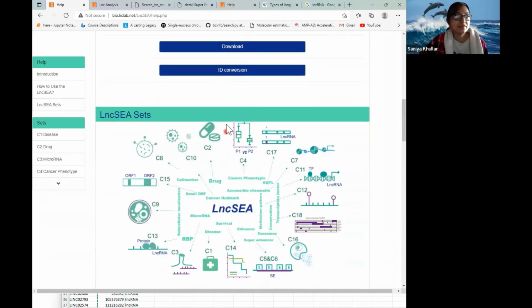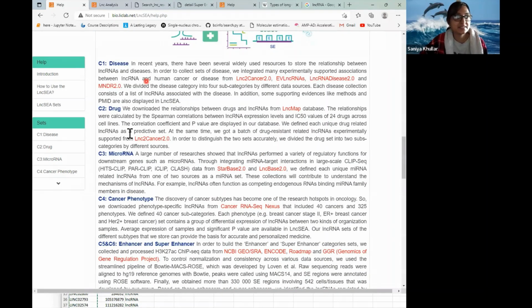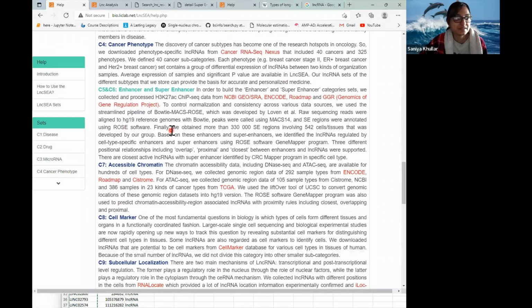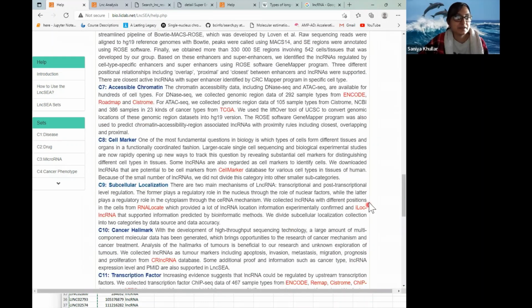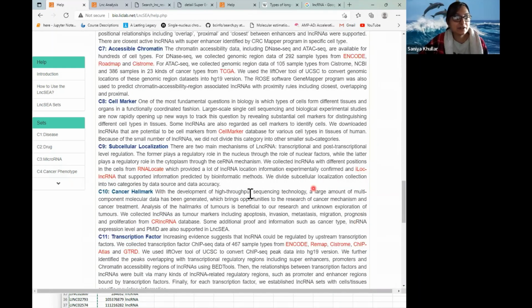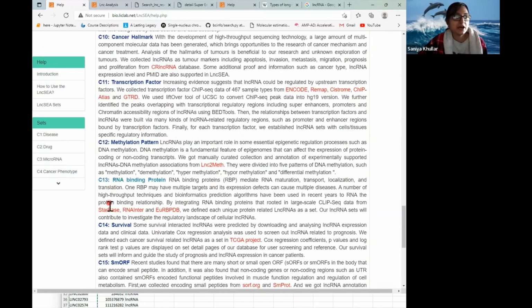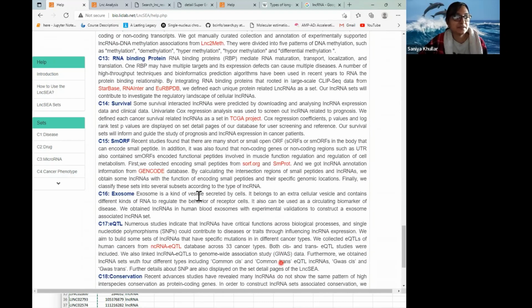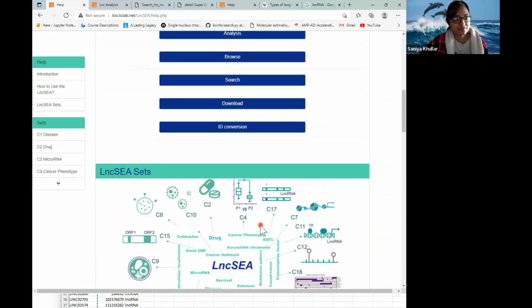They incorporate a lot of different lists of information, like diseases, drugs, microRNA, cancer phenotypes, enhancers and super enhancers, accessible chromatin, cell markers, subcellular localization, cancer hallmark, transcription factors, methylation patterns, RNA binding proteins, survival, smORF, exosome, eQTL, and conservation. So quite a lot of different tools, which is really cool.